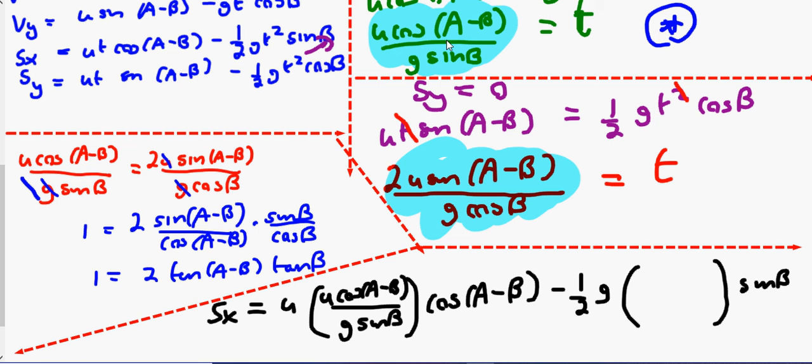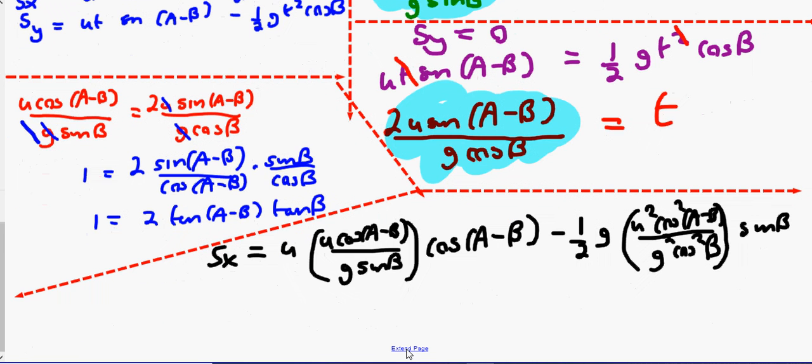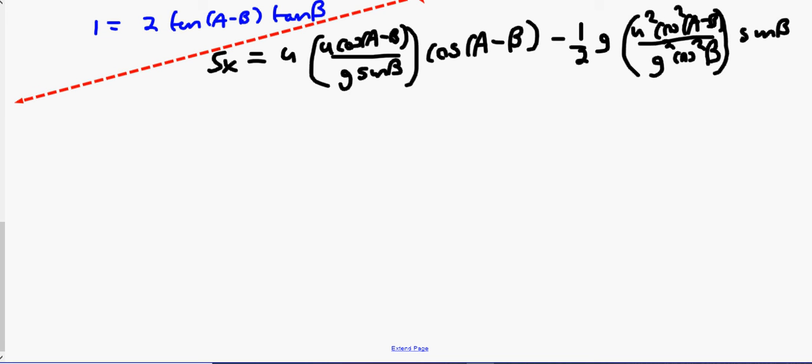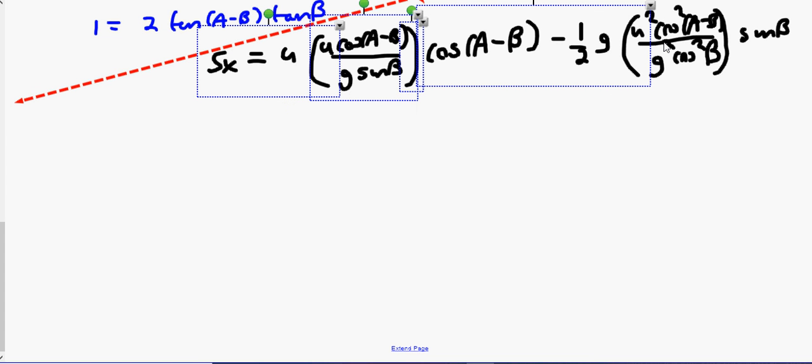Now, what happens when I square this here? What happens if I square that? We're going to need to square it over here. So what do you reckon? u squared cos squared(a minus b) all over g squared cos squared b. Right, and you're looking at that and going, what have I got myself into here? This is ridiculous, right? We all good?